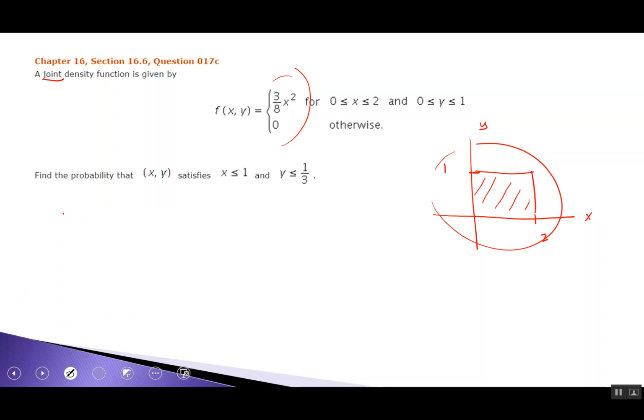It wants the probability that x is less than 1. So there's a 1. And y is less than or equal to a third. So there's a third. So it wants the probability that we're going to land right there. So I just set up my integral. 3/8 x squared dx dy. And x goes from 0 to 1, and y goes from 0 to a third, and then we calculate this out.